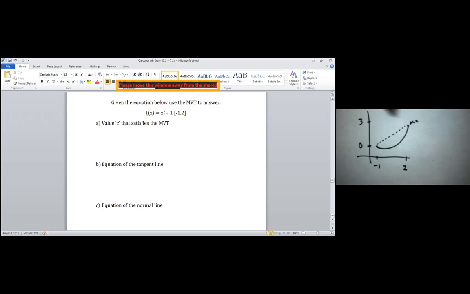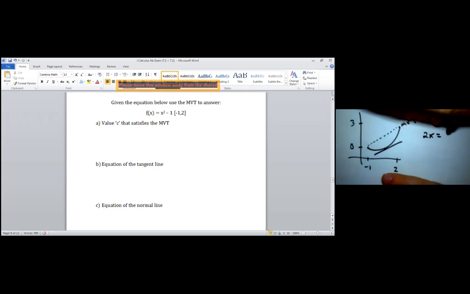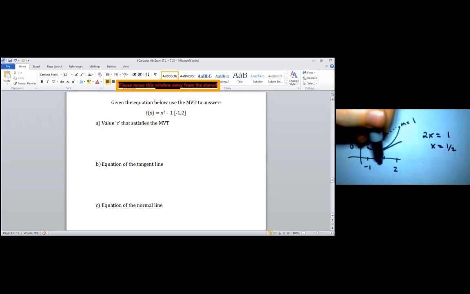That regular slope would be 3 minus 0 over 2 minus -1, gives me a slope of 1. To find out where that tangent matches that secant, we're going to take the derivative and set it equal to the slope I want. Gives me a value of c equal to 1/2.